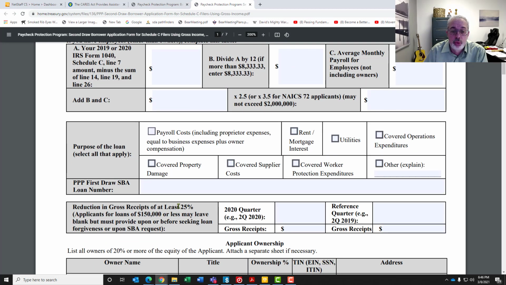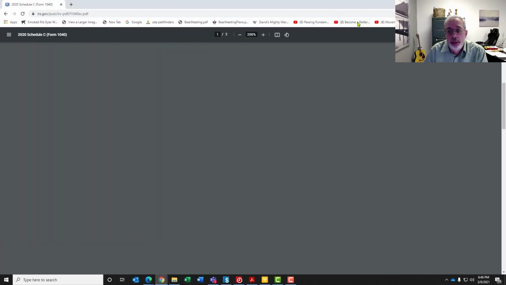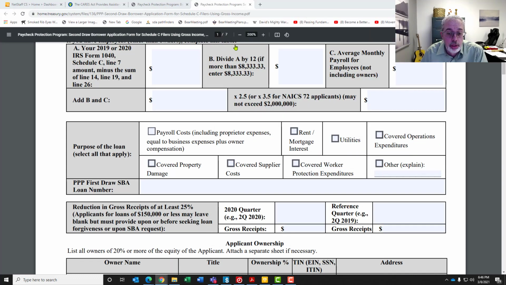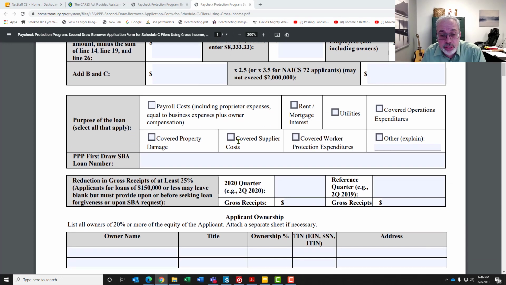This is gross receipts, and gross receipts is this line right here on your tax return. Gross receipts can be the exact same if you're service-based, but if you're doing something with a cost of goods sold involved, can be massively different from gross income, so don't get confused on that. So what you have to do is take your gross receipts from any quarter in 2020 and compare them to a quarter in 2019, and 2020 has to be at least 25% less.